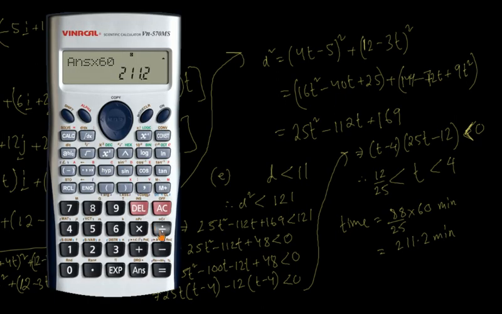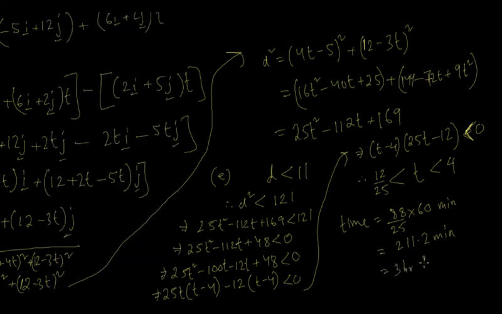So if the answer was in hour and minute, if I divide it by 60, it would be 3.52 hour, that means 3 hour and 13 by 25 hour. So 13 by 25 hour means you multiply it with 60, is 31.2 minute. So that means 31.2 minute means 31 minutes. So answer is 3 hour 31 minutes to the nearest minute.